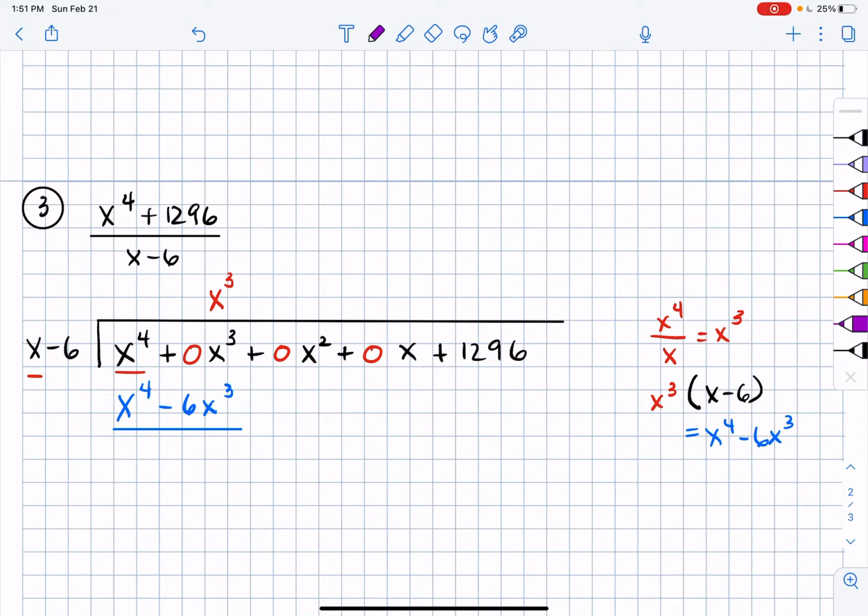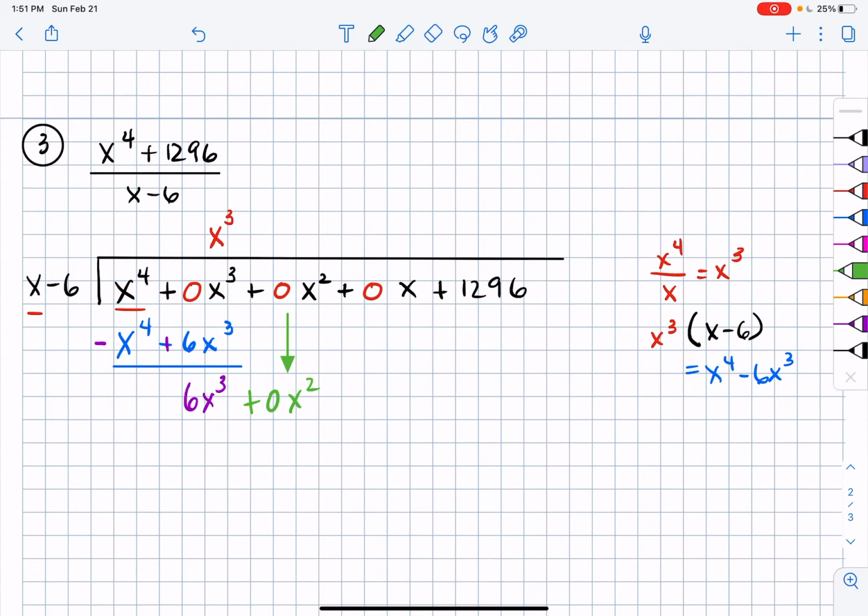Then I'm going to flip the signs and add. x to the 4th minus x to the 4th is 0. 0x to the 3rd plus 6x to the 3rd gives me 6x to the 3rd. Next step, bring the next term down, which is plus 0x squared.